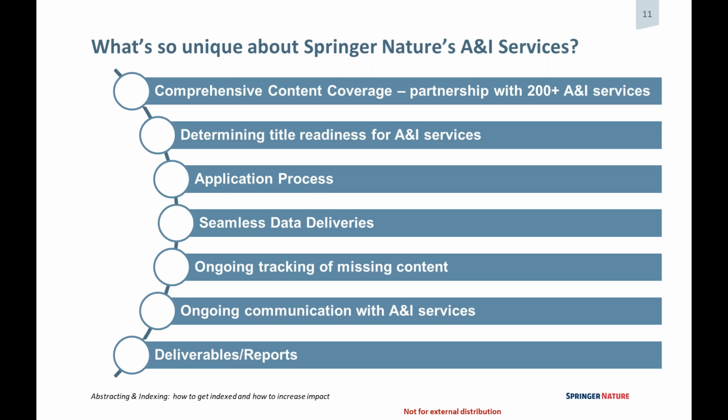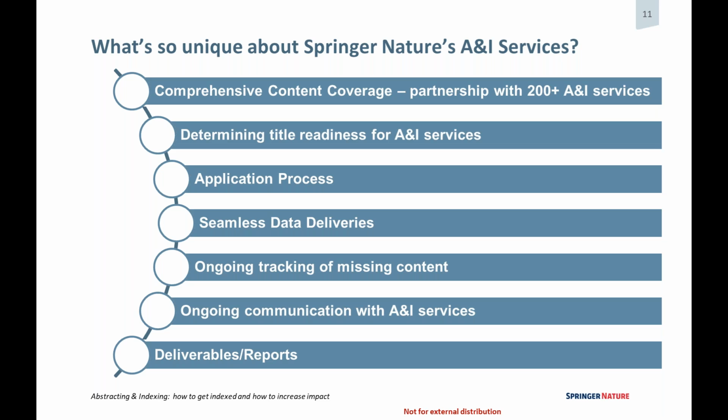The ANI team at Springer-Nature also keeps track of missing content. And this is very critical for everybody to understand, because even if the title gets selected by an ANI service, if due to whatever reasons the content is missing, if that ANI service did not index the content, it means the content is not going to get discovered, and therefore it cannot get cited.